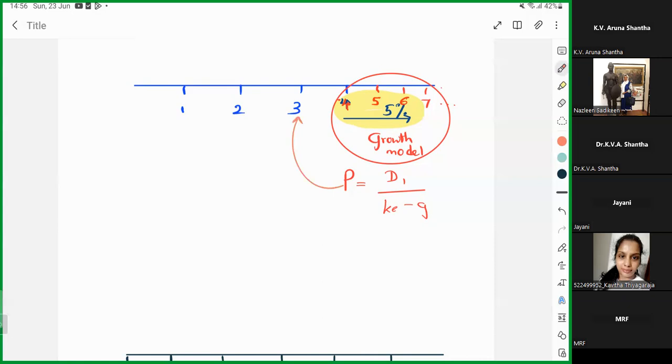Have you got the point? This is very important. Here the dividend grows at a particular rate, 5%, from the fourth year onwards. Then you can apply the growth model and get the P value. But the P value is not the value at 0, not the value now. That is the value at the end of the third year.